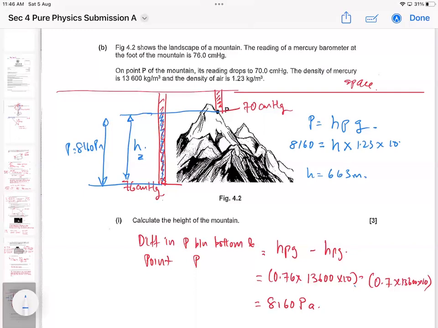But we use the column of mercury to help us determine the value of 8160. So the height of the mountain, 663 meters, equates to the difference in the column of air. Okay, so that's what we have.